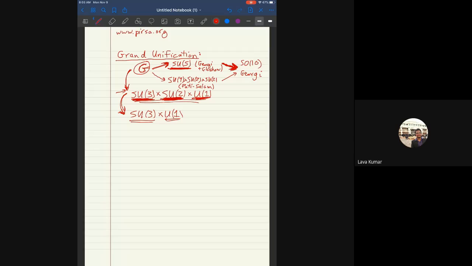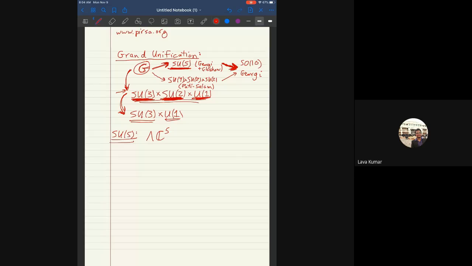Let me do a little bit more specific foreshadowing. In the case of SU5, we will look at a particular vector space, which is the vector space of the exterior algebra in 5 complex dimensions, lambda C5. And we will see that it has a natural way that it transforms under SU5.